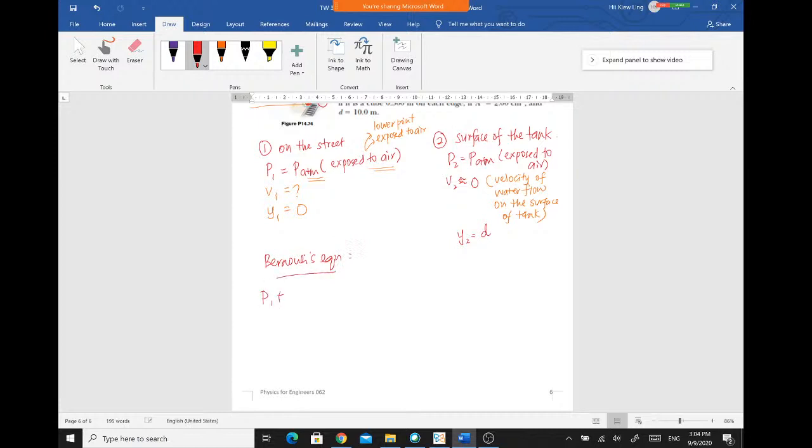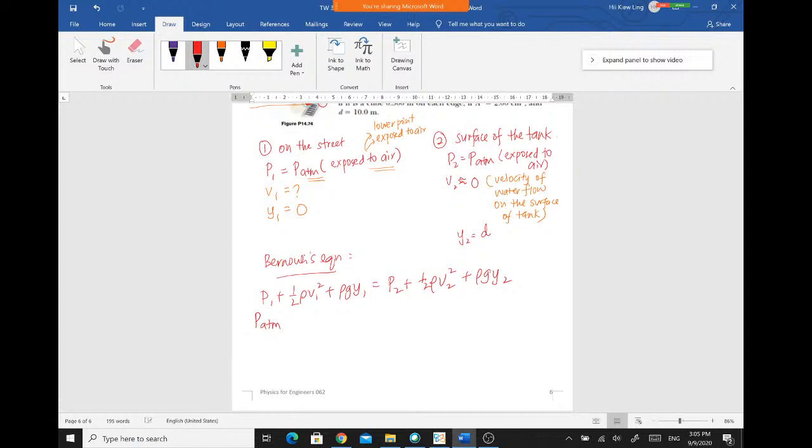So P1 plus half rho V1 squared plus rho g Y1 equals P2 plus half rho V2 squared plus rho g Y2.